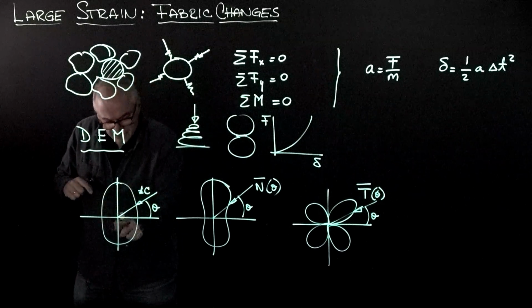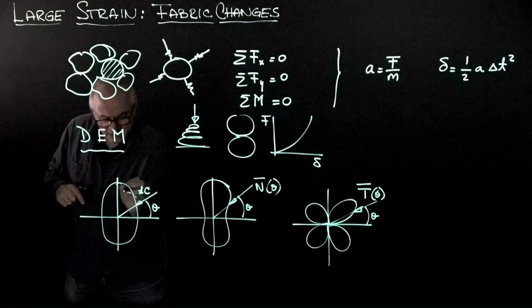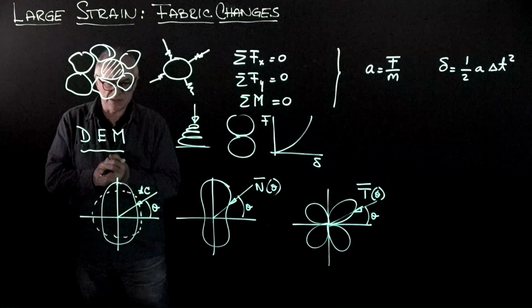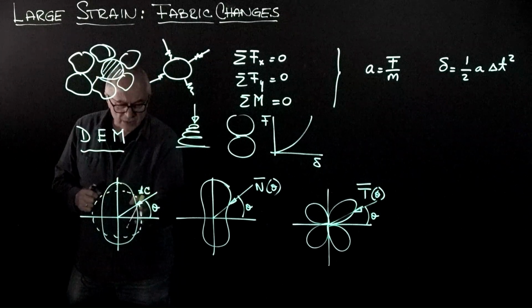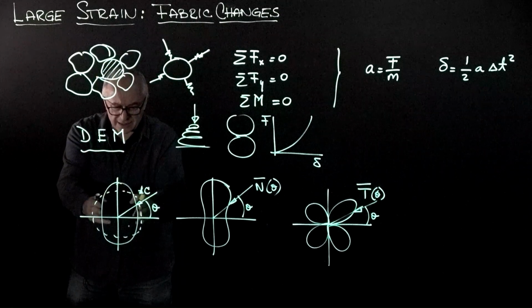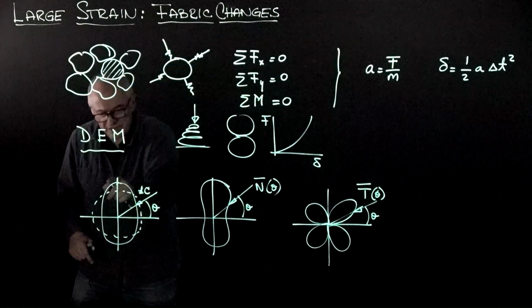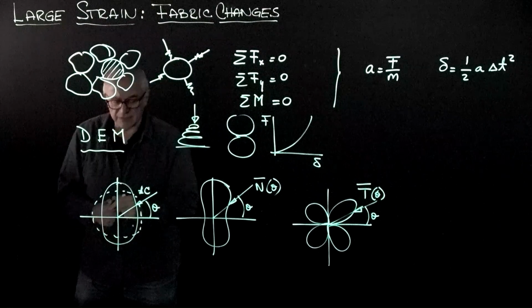This is a circle, and if I draw a quasi-circle here, then you see that at theta equals 0 it is less than a circle, at theta equals 90 it is more than a circle, and there is a waviness going around the circle.